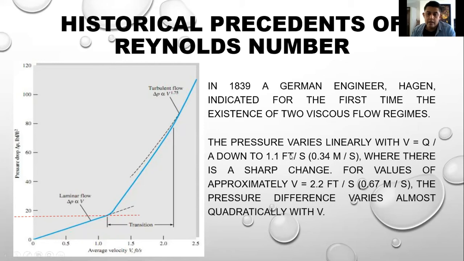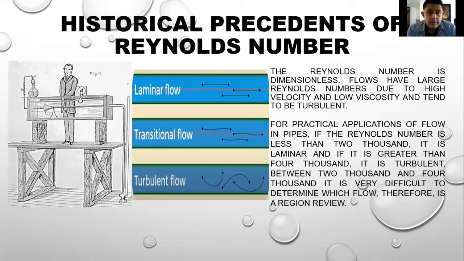It is similar to Hagen's. Reynolds, in 1883, a British teacher, showed that the change depends on the parameters velocity, diameter, and kinematic viscosity.